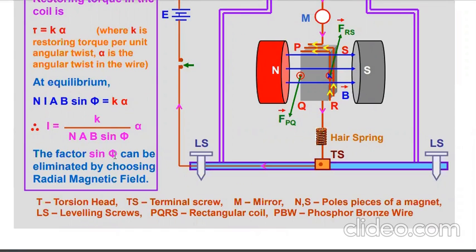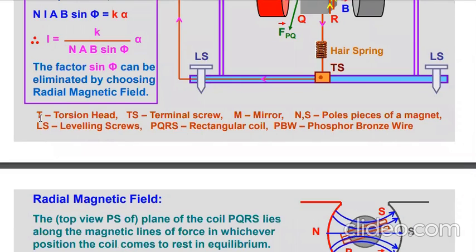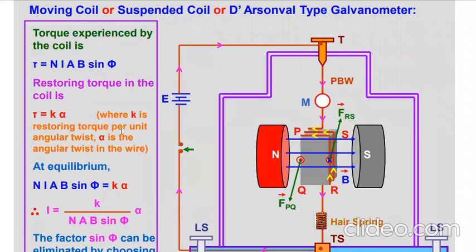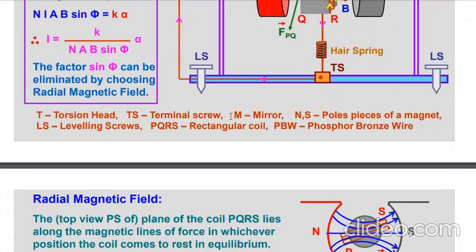So try to understand here, the torsion head. Here you will see the torsion head, TS the terminal screw, M the mirror, NS the pole pieces of the magnet, LS the leveling screw, and PQRS is the rectangular coil that I have already discussed in the previous section.